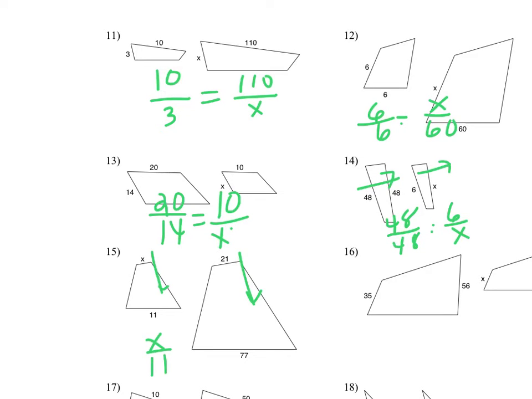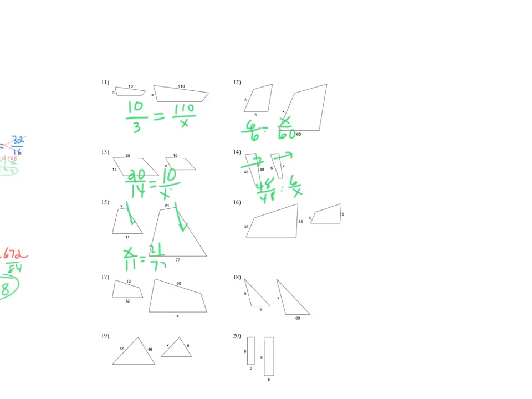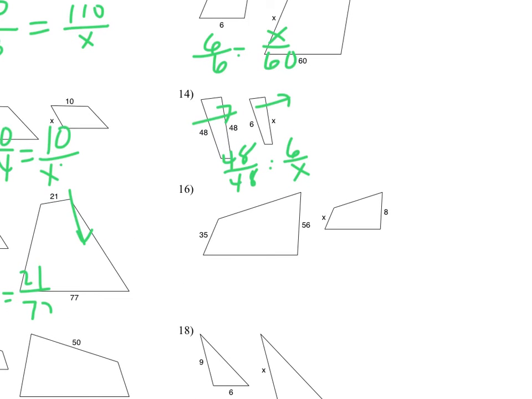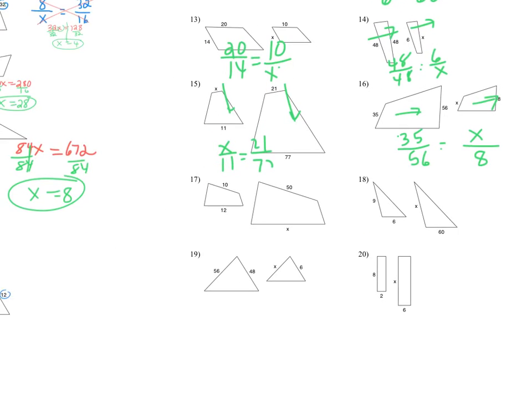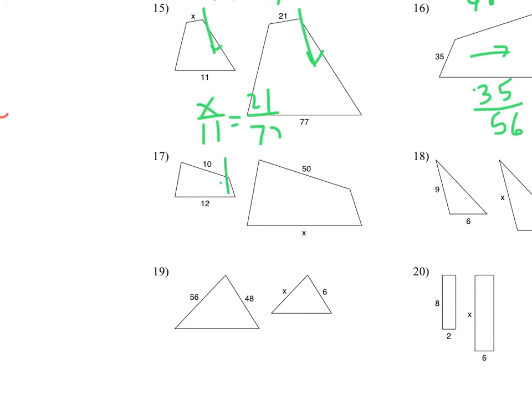I'm going to go this way. X over 11 is 21 over 77. I'm going to go this way. 35 over 56 is x over 8. I'm going to go top to bottom. 10 over 12 is 50 over x.